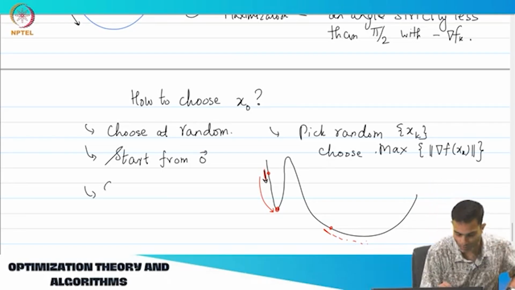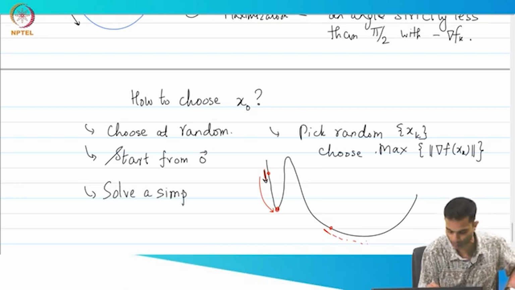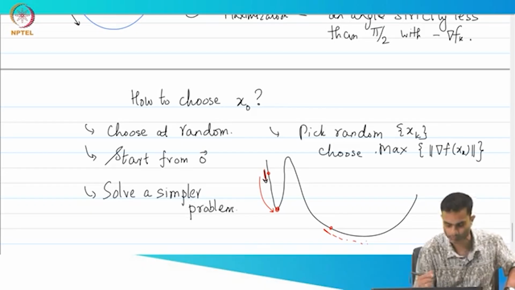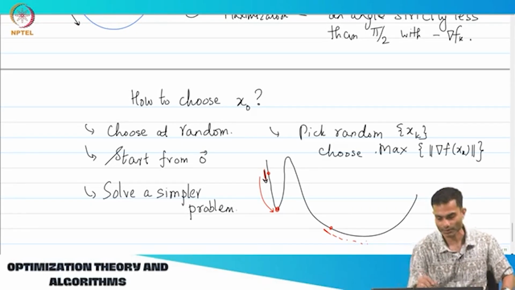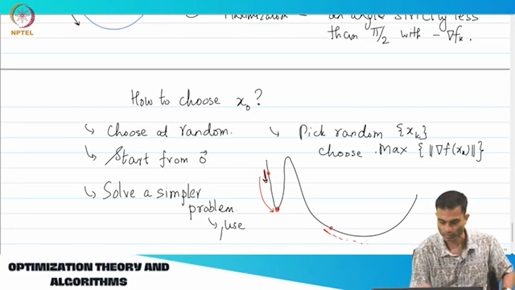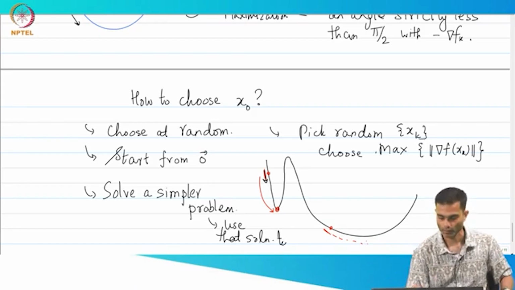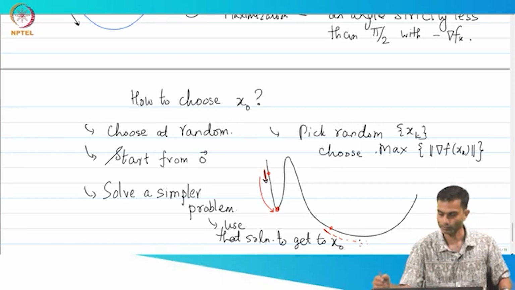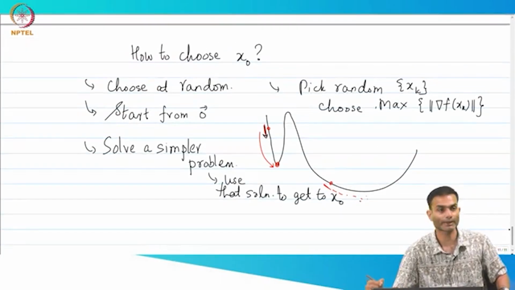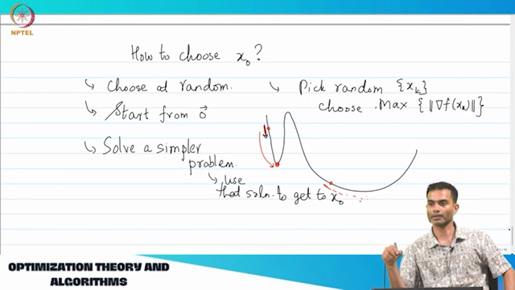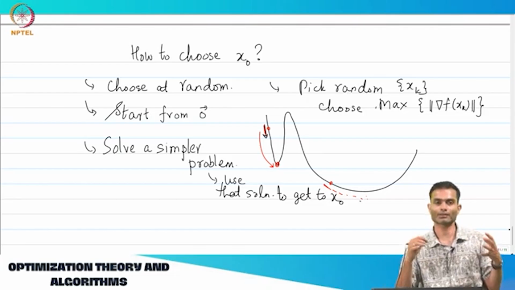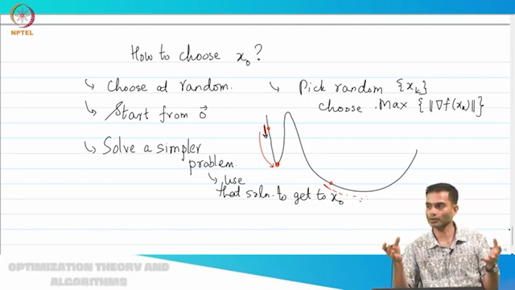So solve a simpler problem and use that solution to get to x0, right?